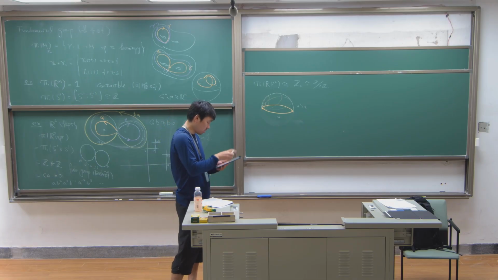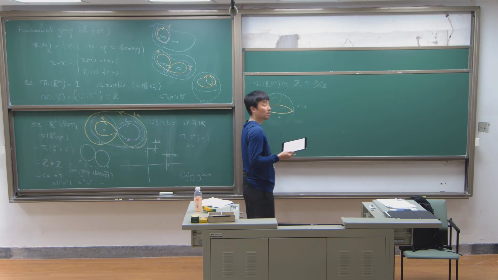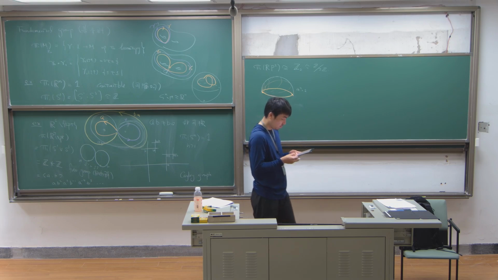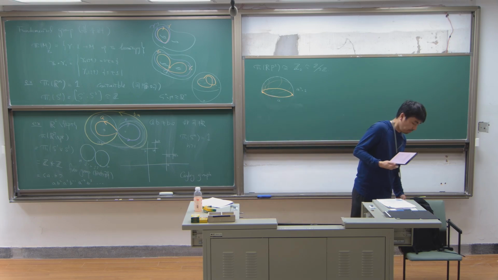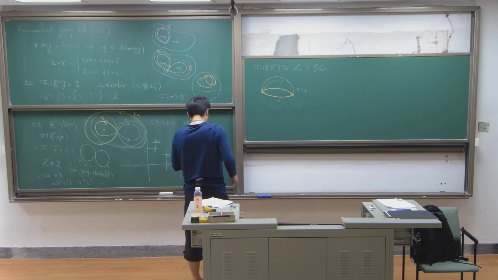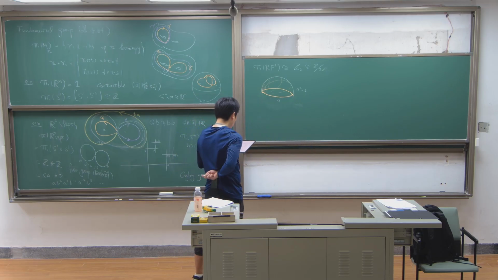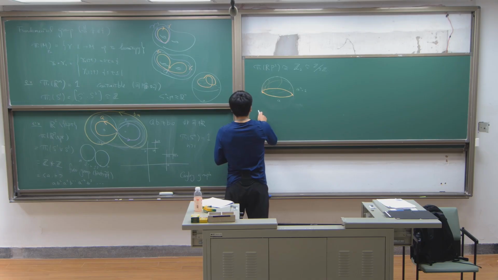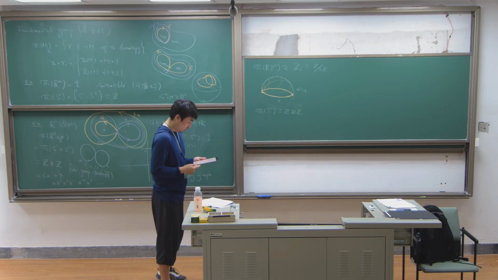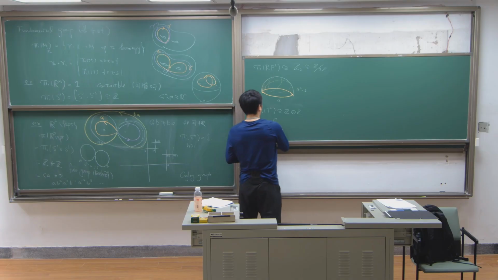So that's the example. And another example we look at is the pi1 of T2, which is commutative. In this case, this is commutative.